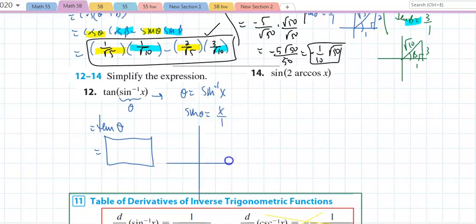My triangle looks like this. Opposite over hypotenuse. That makes this the square root of 1 minus x squared. And tangent is the opposite over the adjacent. And one more before I stop this video and start the next.